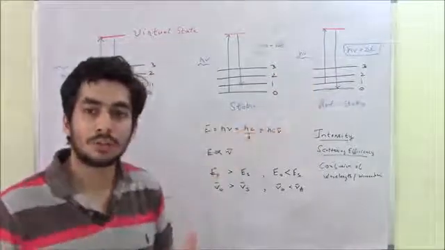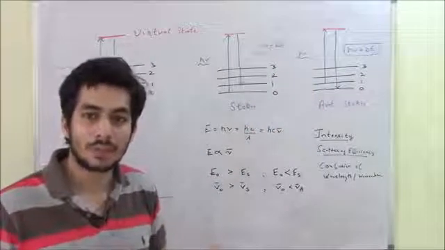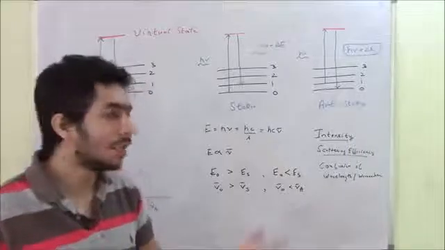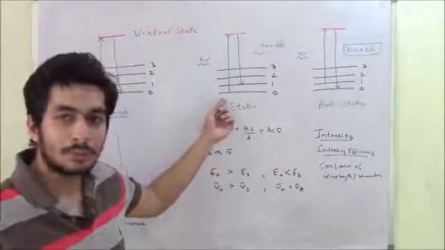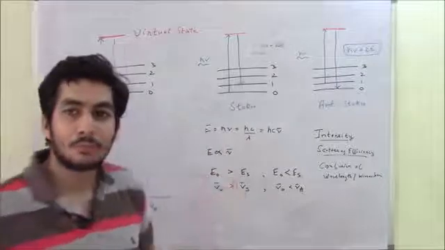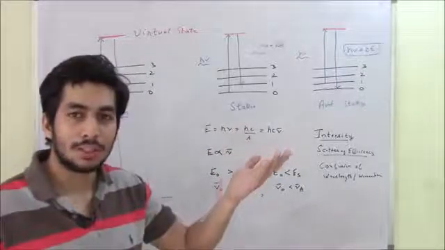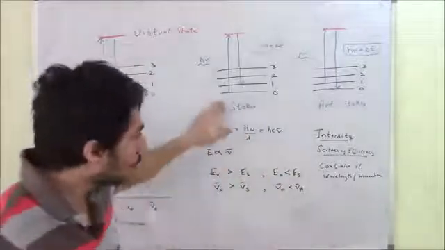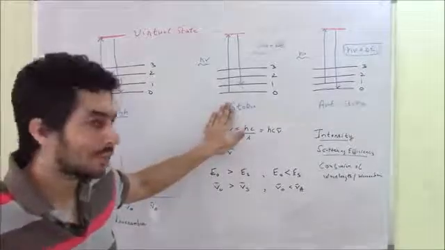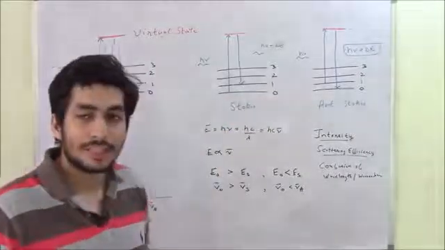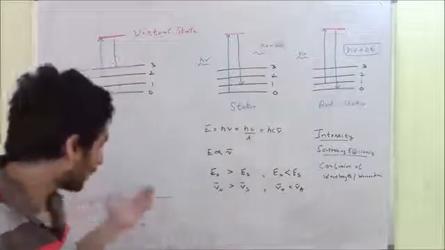The number of molecules in the first excited state at room temperature is obviously going to be less than the number in the ground state, and the intensity depends on the number of molecules getting excited to the virtual state and then getting scattered. Since there are more molecules in the ground state than in the excited state, the Stokes lines are much more intense.